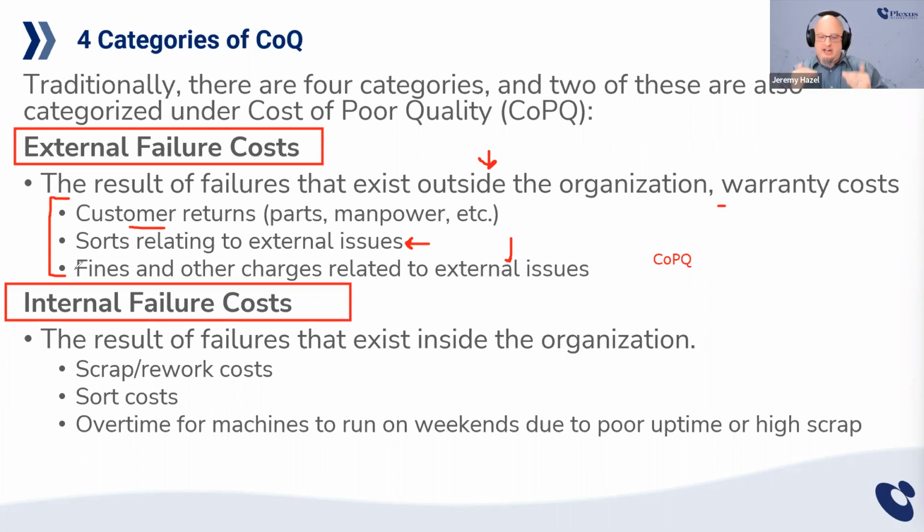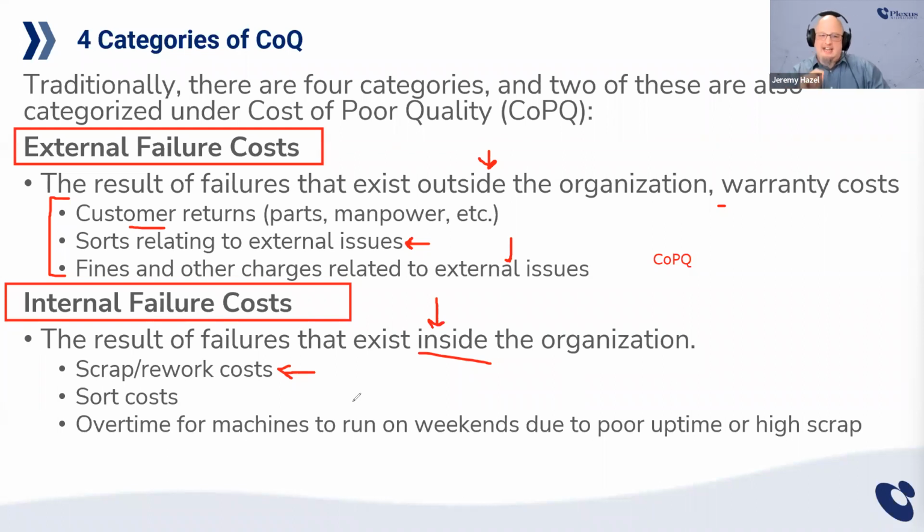And when we talk about internal failure costs, these are costs that exist even if it didn't go right inside the organization. Now, the most prevalent one that we are all familiar with, scrap costs, right? So anything scrap, that's cost of poor quality.